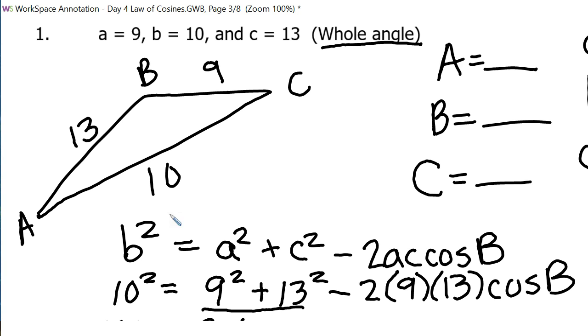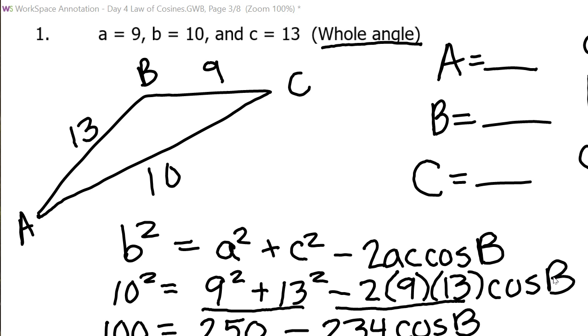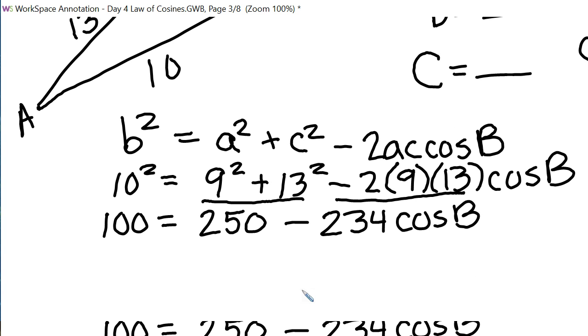250? And go ahead and multiply these three. What's negative 2 times 9 times 13? Negative 234. Cosine of angle B. Okay, now, we want to get that cosine by itself. So what would be our next step to get the cosine by itself?